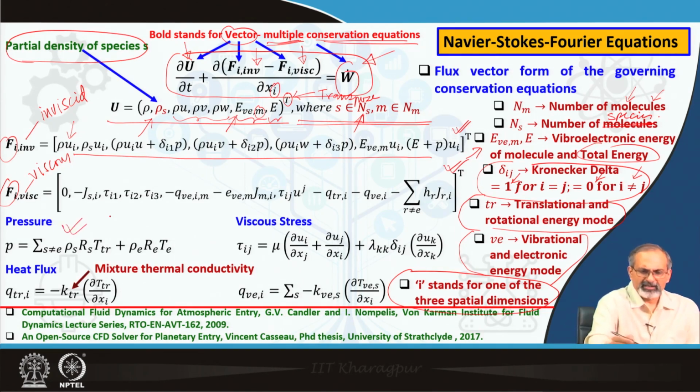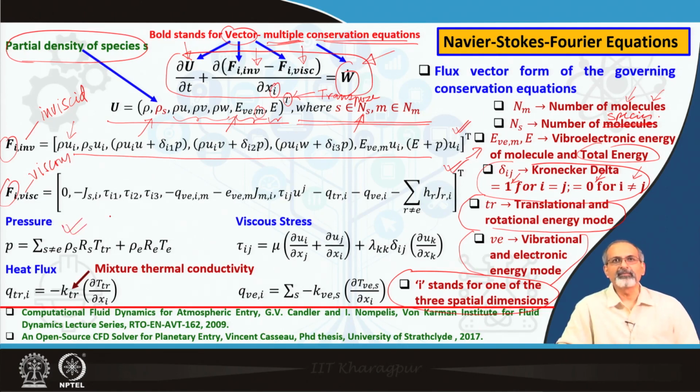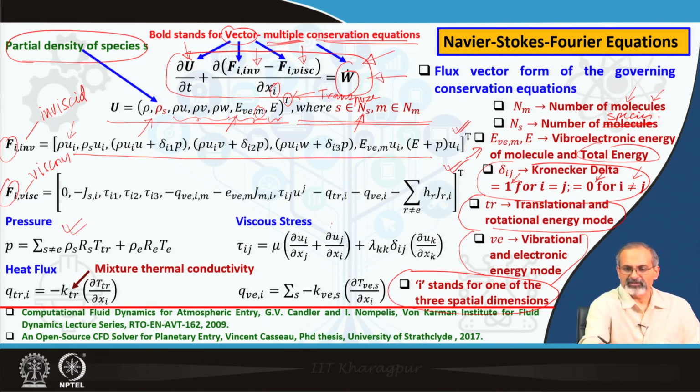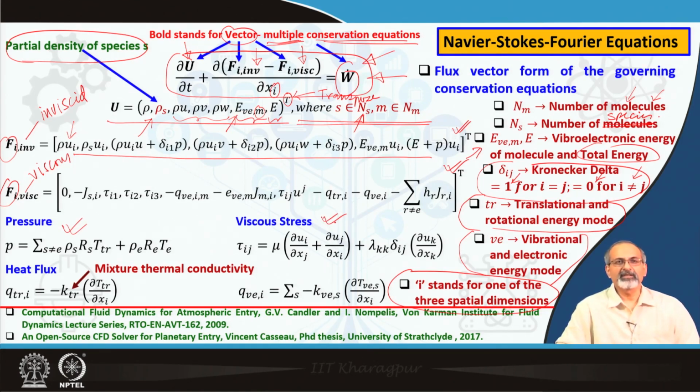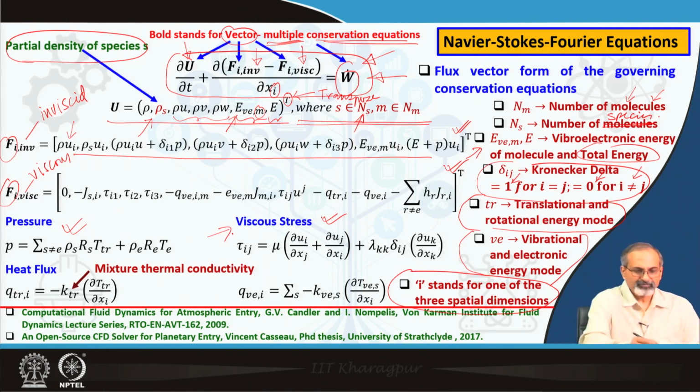There are more relations which will need to be implemented into the flux vector form of the equations in order to solve them. One of them is the pressure of the gas mixture, which is actually going to come from all the constituent partial pressures. We will discuss more of it later. Viscous stresses, of course, we have described and discussed at length in earlier lectures, so we will not discuss them anymore.